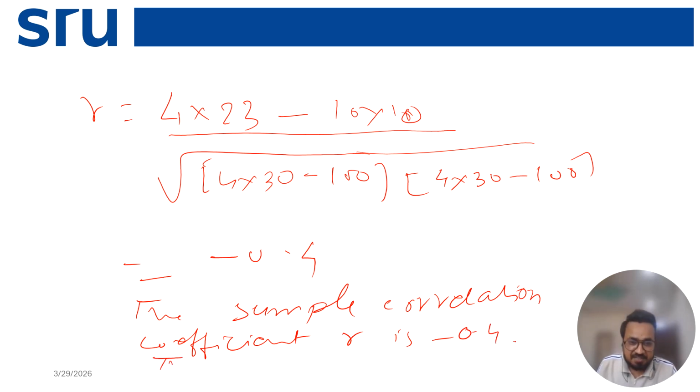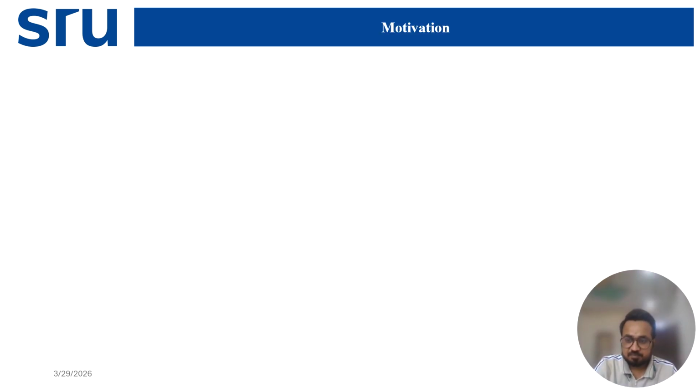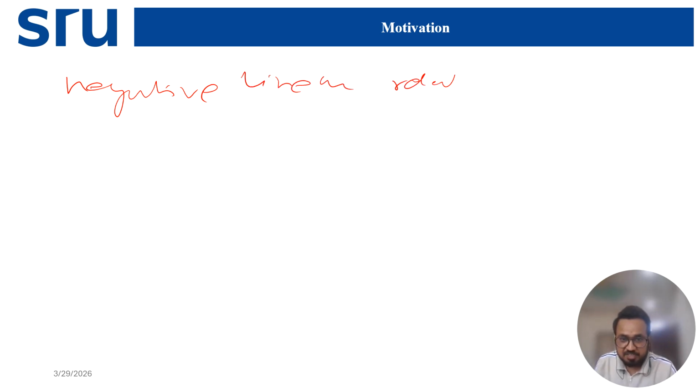This indicates a weak negative linear relationship between x and y. Okay, so that means if x increases, y tends to decrease slightly, but the relationship is not strong.